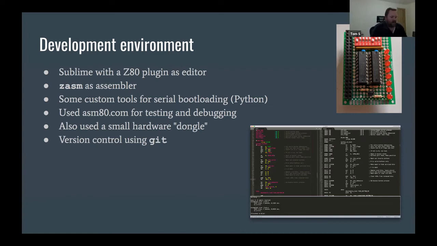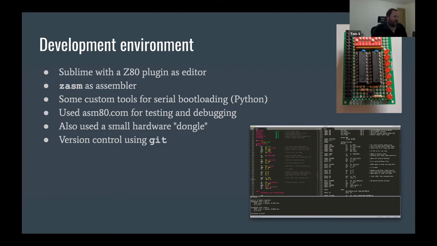And then you can also send another command, which is like execute from address X, and then it will just jump to that location and start executing the code. So I could write some code, build it via this plugin in Sublime, and then just run a little command to upload the ROM image and then start executing it from RAM. That really helped a lot with development of the software for this thing.